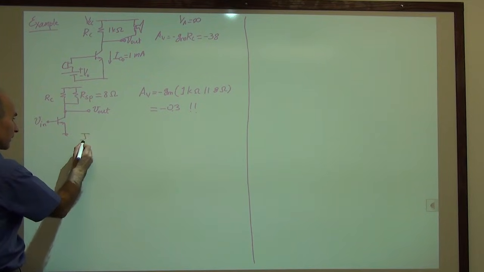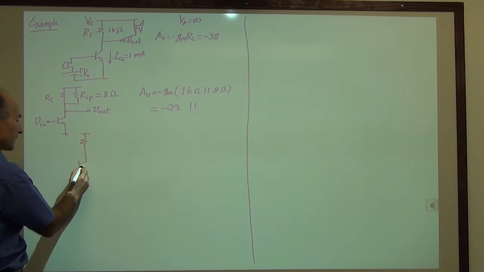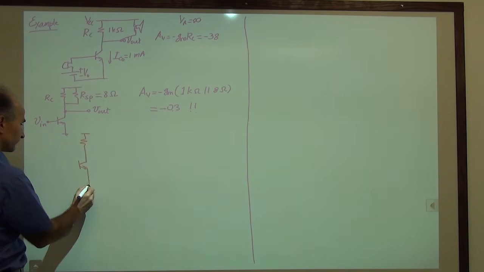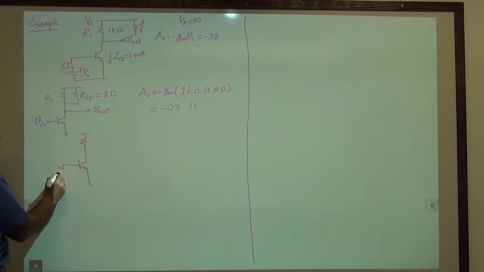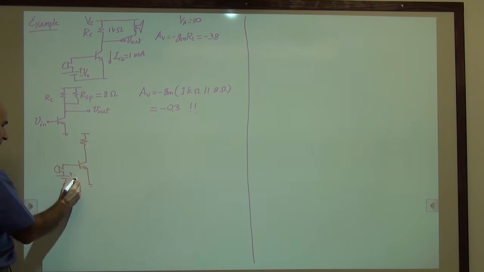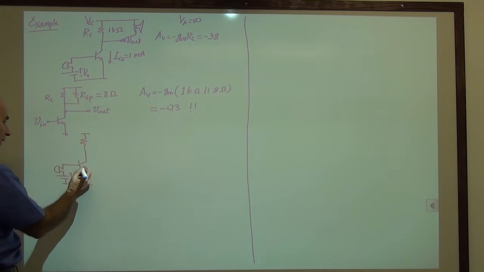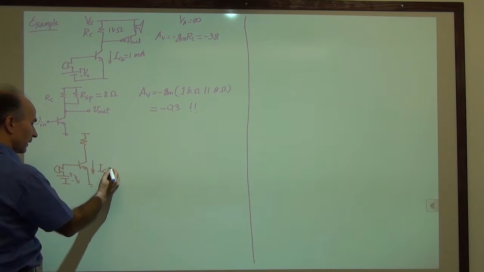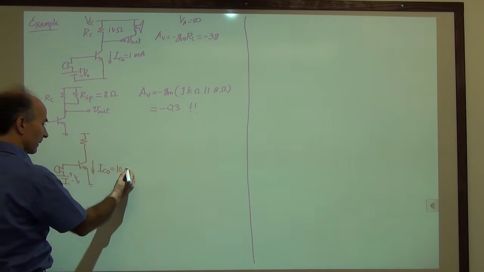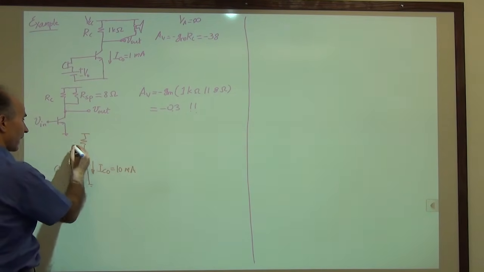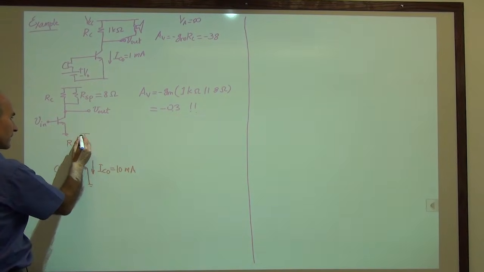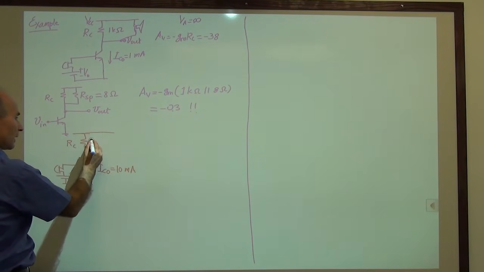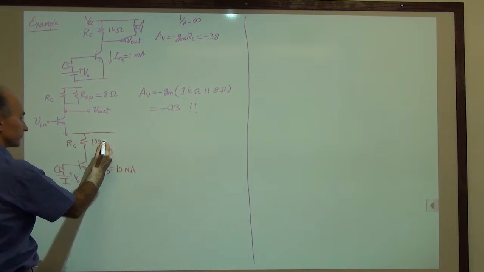So here's another circuit. I redesigned the amplifier. So again, I'll put the microphone here, the battery here, everything else. And I redesigned it so that the collector bias current is 10 milliamps. And I also chose the resistance to be 100 ohms.